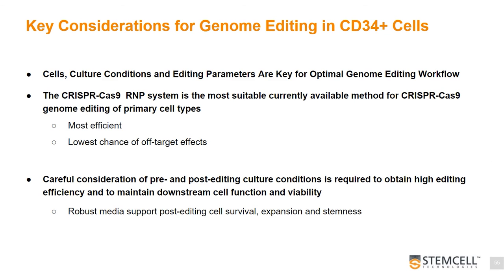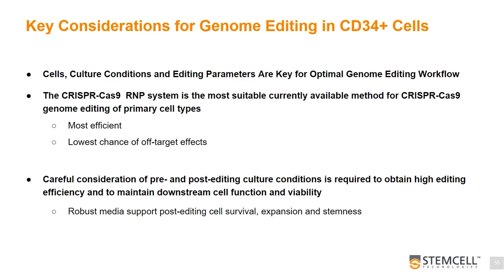Thank you, Liam. So in summary, there are a few key considerations for genome editing in CD34 cells. First, cell source, cell culture, and editing parameters are key considerations for an optimal genome editing workflow.